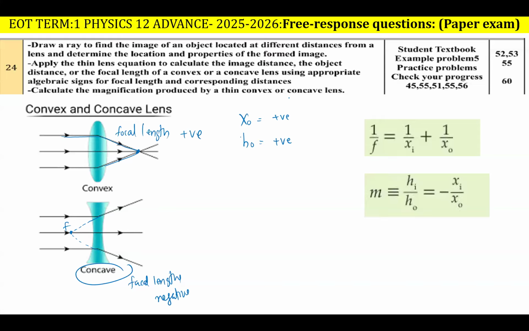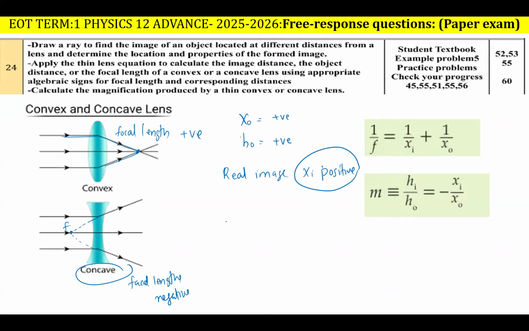Now, if we want to make a conclusion, for real images, xi is positive. Very important: for all real images, xi will be positive.